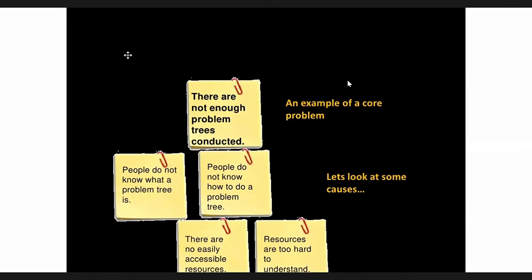So people do not know how to do a problem tree, so there are no easily accessible resources. For example, they don't know where they can get that knowledge. The resources could be technical and hard to understand. Okay, so from that immediate cause, you will come up with the causes of that immediate cause. Okay? Which means you break down your causes. If this is your problem, you break down why this problem occurred.